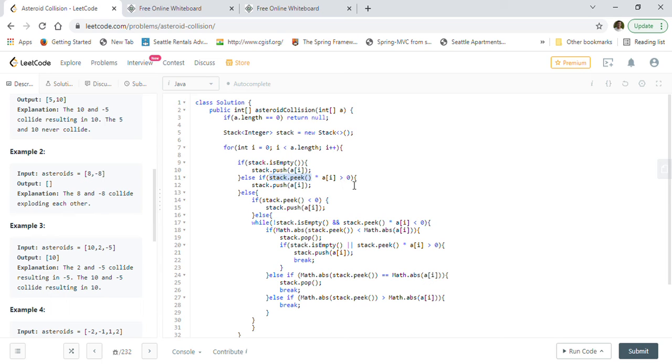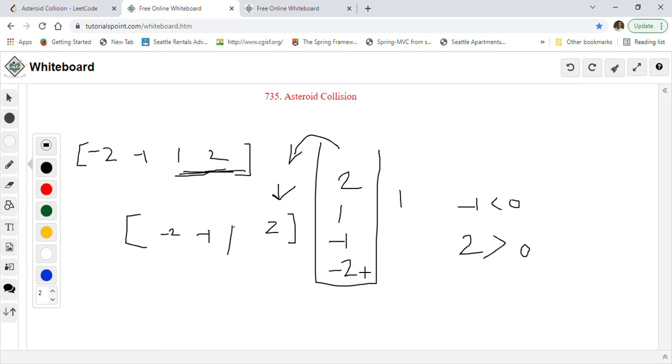And if it is greater than 0, then it means that they are going in the same direction, so we will push that element into the stack, right? As I explained here, when we see -1, -1 into -2 is equal to 2, which is positive. So they are going in the same direction, so we will push that into the stack.